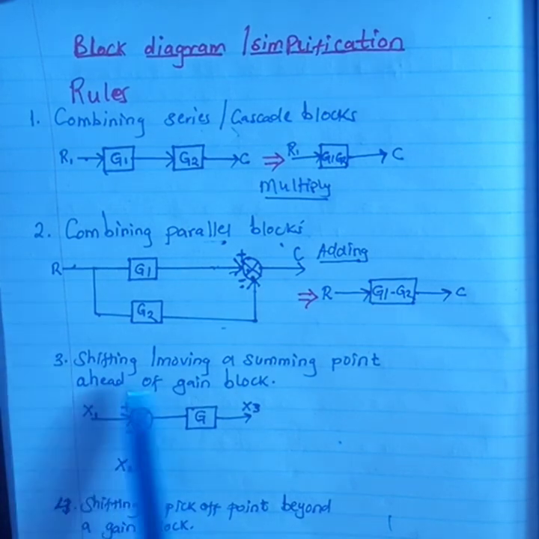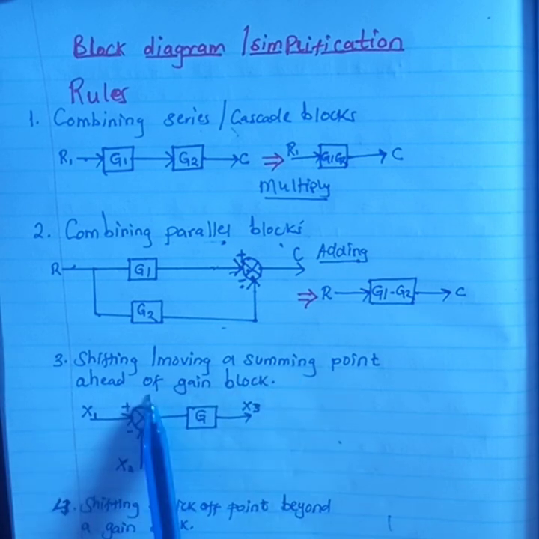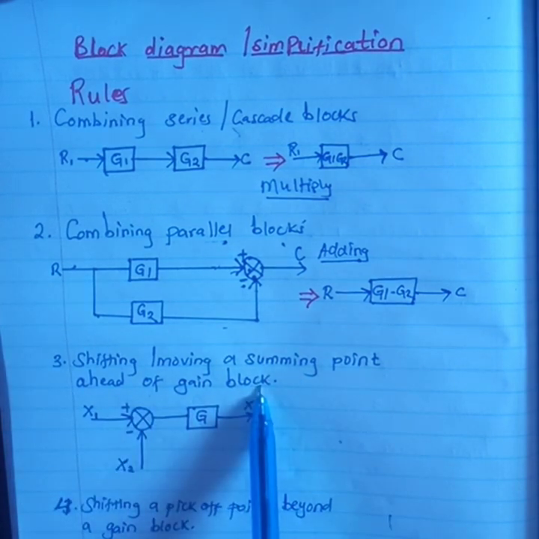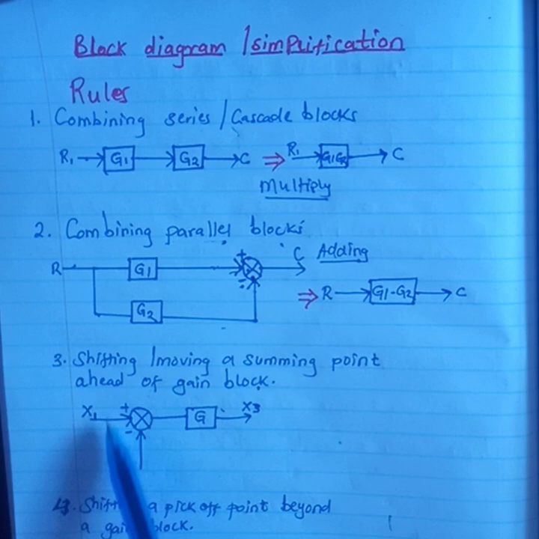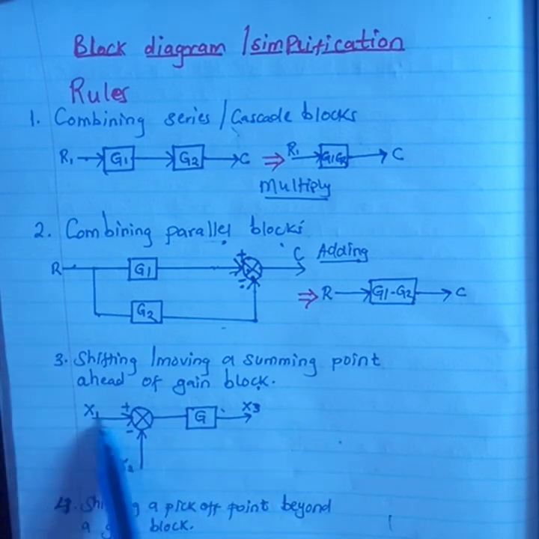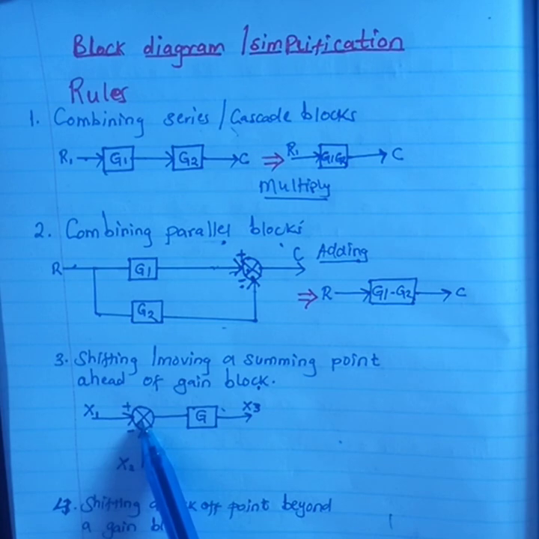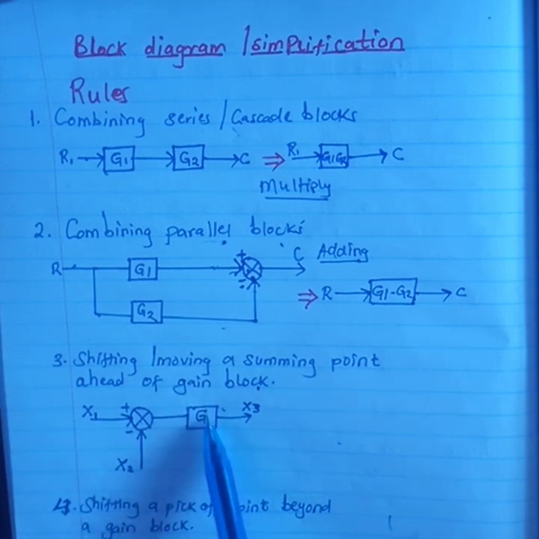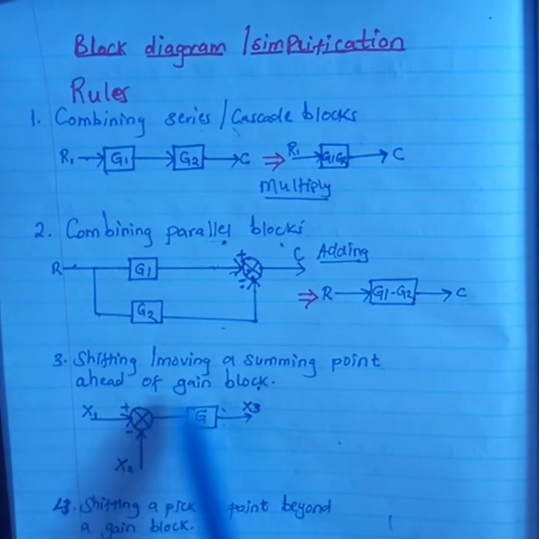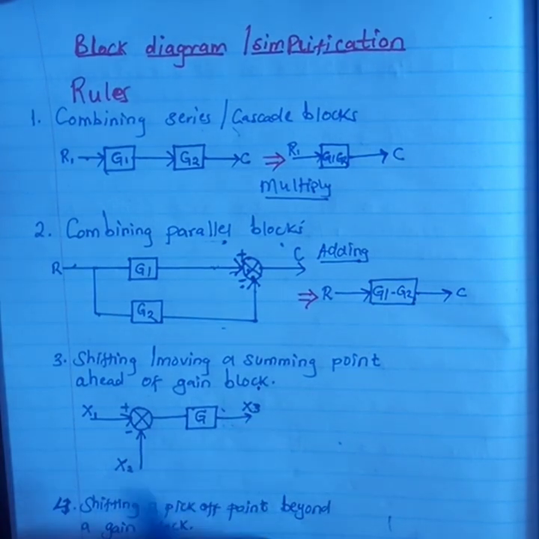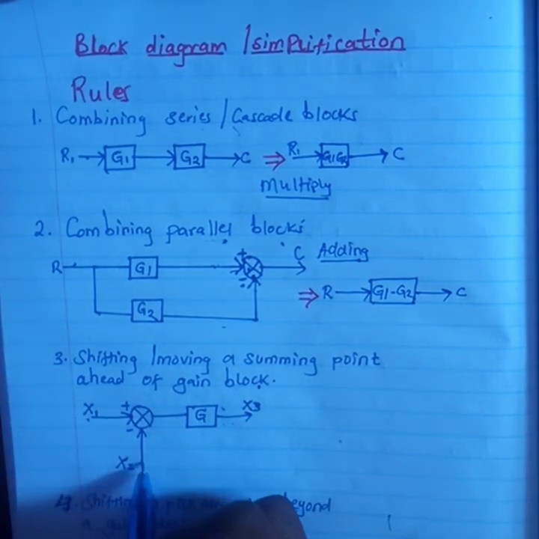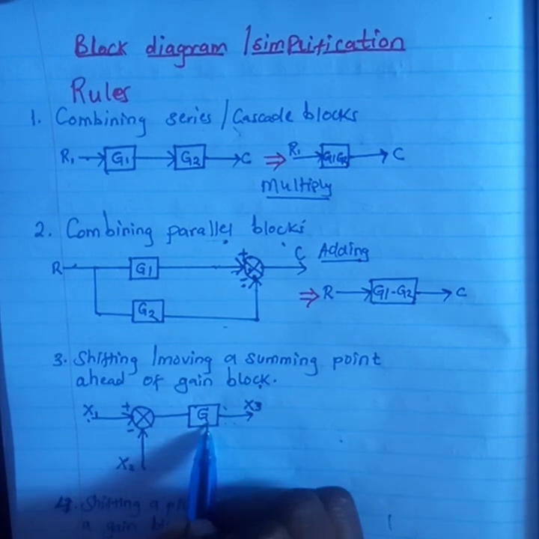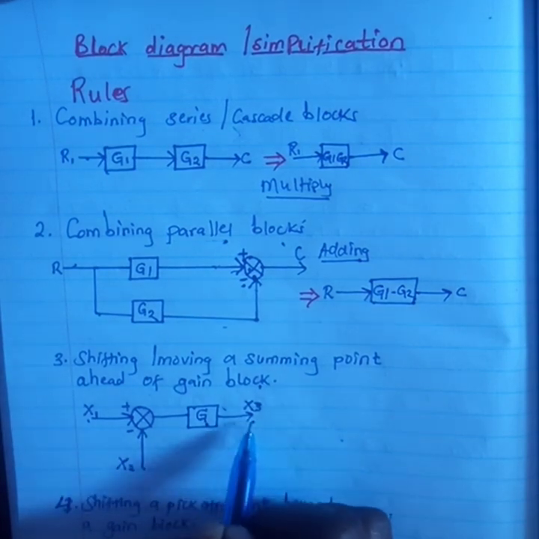Then we have rule number 3. We can shift or move a summing point ahead of a gain block. For instance, if I'm given something like this, I have x1 as the input here, x2 as the input here, then I have this block, then I have x3. Considering this diagram, x1 and x2 times the block are the inputs, and x3 is the output.